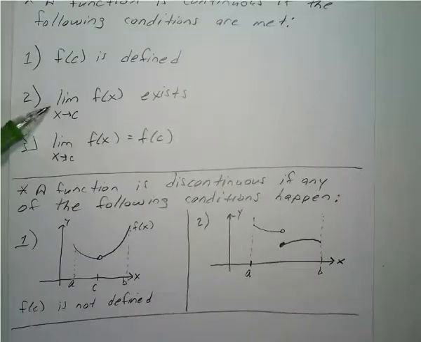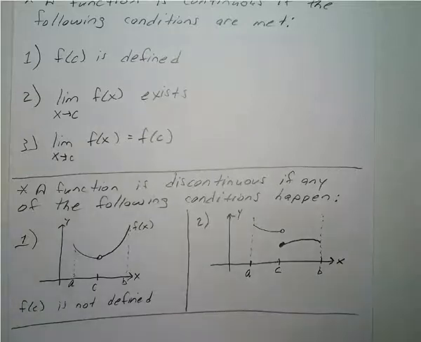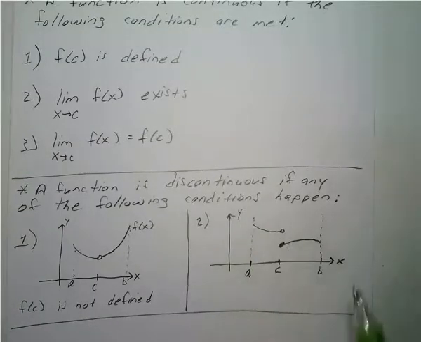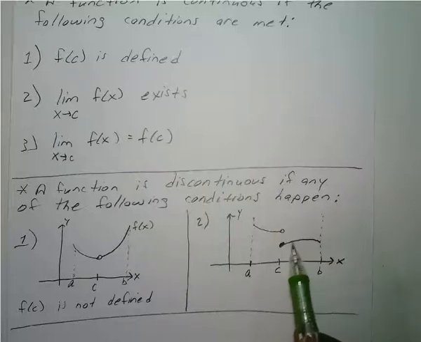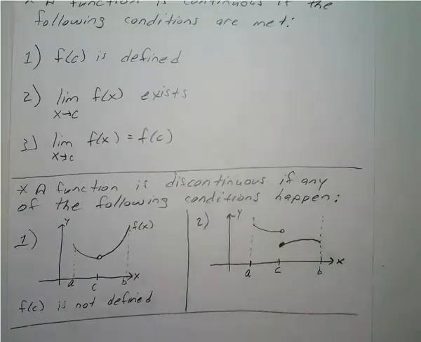Remember, the limit of f of x as x approaches c can only exist when the limit approaching c, which is our value right here, is the same from both directions. Here we see the limit approaching c from the left is not the same as the limit approaching c from the right. They're two different heights on the graph.